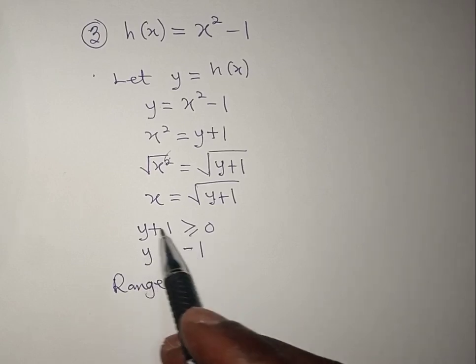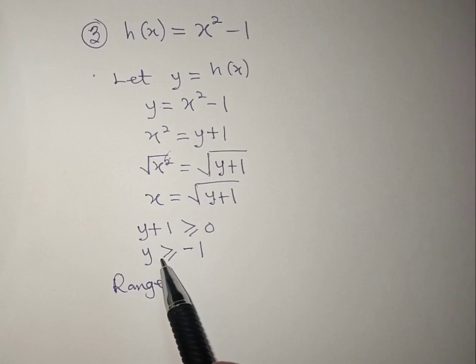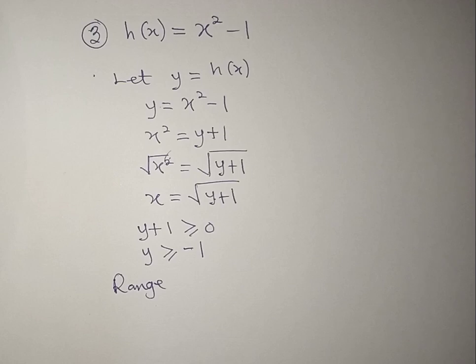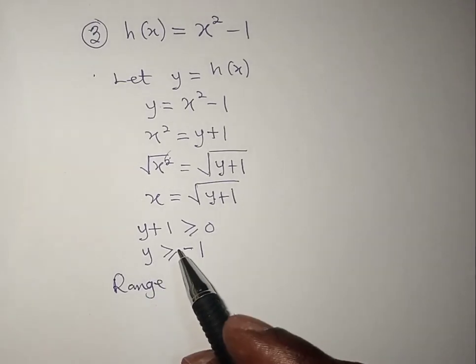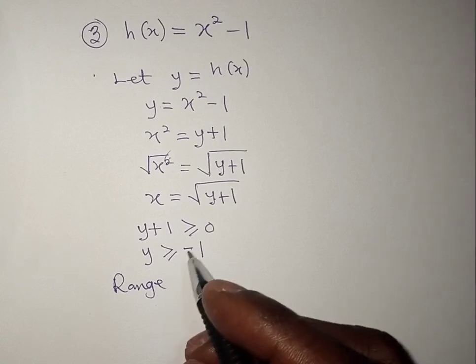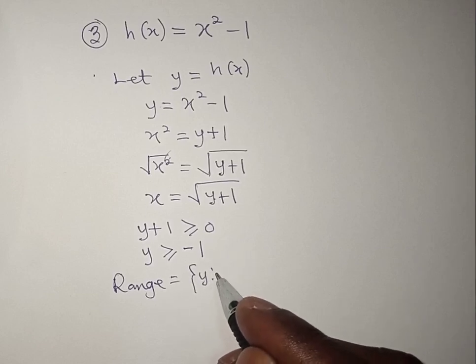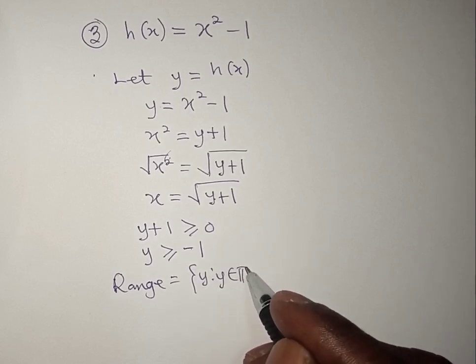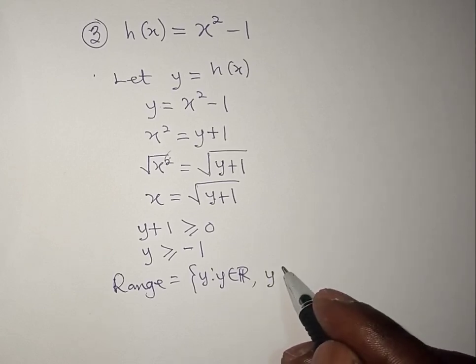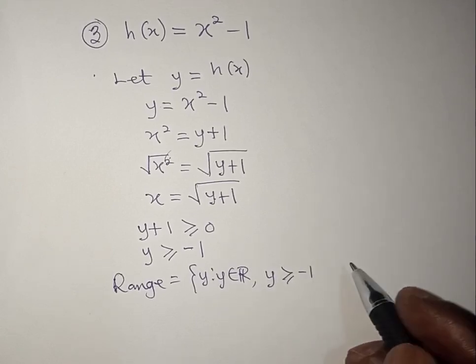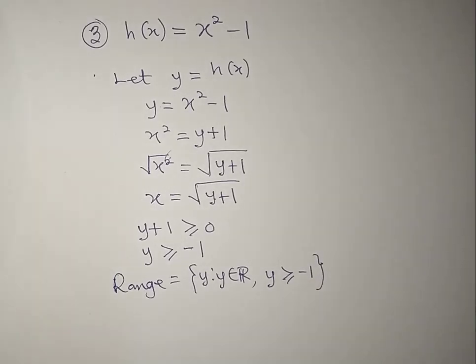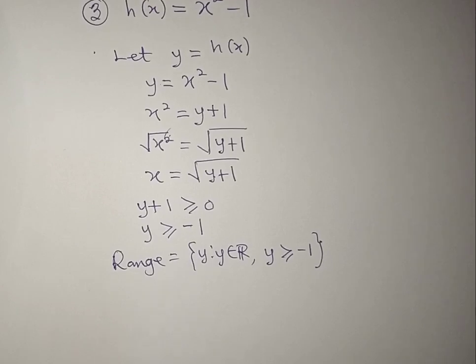We've already talked about all these things. We use the number line to test. You remember when we were doing the domain? Yes, we've done all these things. So this one is just a continuation of what we did in the domain. Okay, then our range becomes: y is such that y belongs to the set of real numbers, y should be greater or equal to -1, and that becomes our range. Okay, now let's look at the last question, which is question 4.